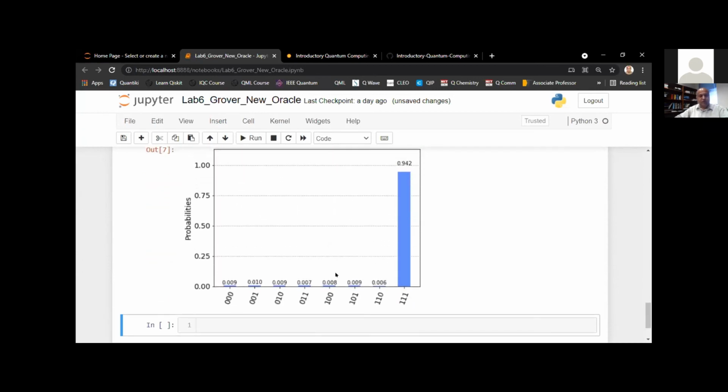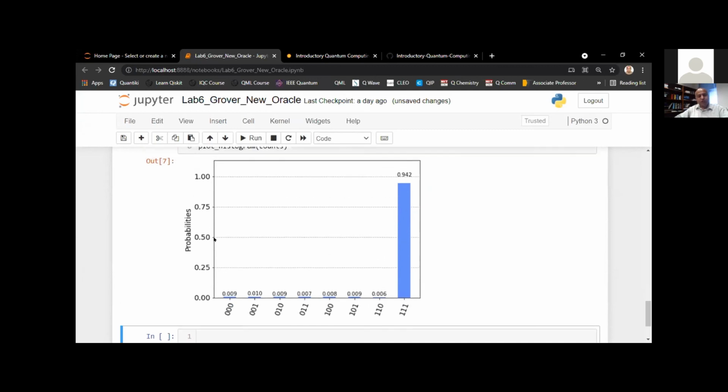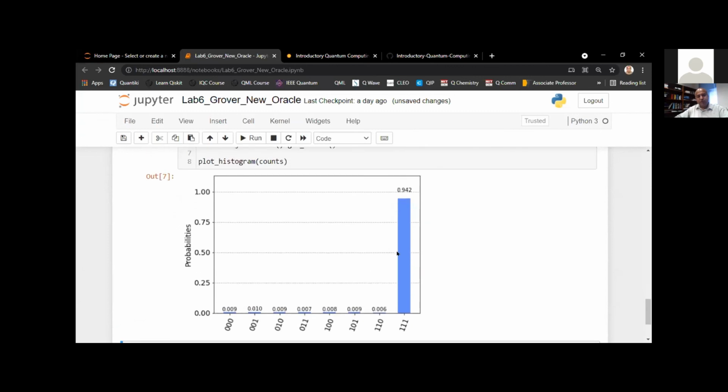So actually this is for 1, you see this 1 1 1. This is a solution that was marked in this program. Once you measure the states, you see the probability of this state to be highest and probability of other states to be lowest. So when we measure, we find this state with the high probability.